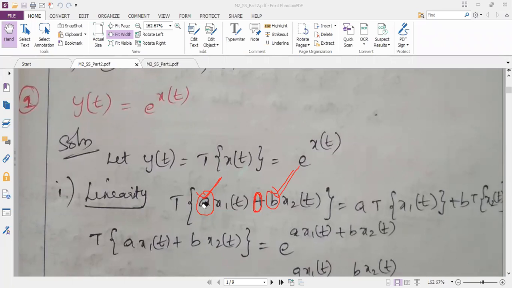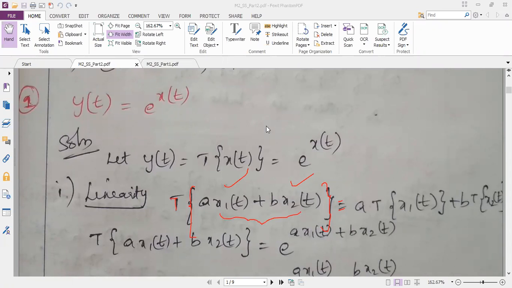So closing your eyes, initially what you have to write is the operator T of a into x1 of t plus b into x2 of t by yourself. This you have to write by yourself. Then, since T is the operation for the sum of two different terms, I can take that T operator individually inside.